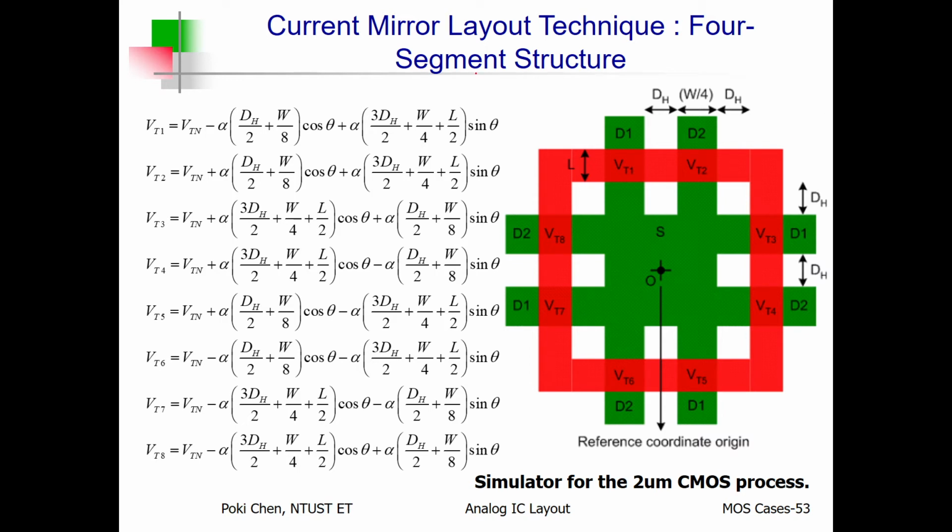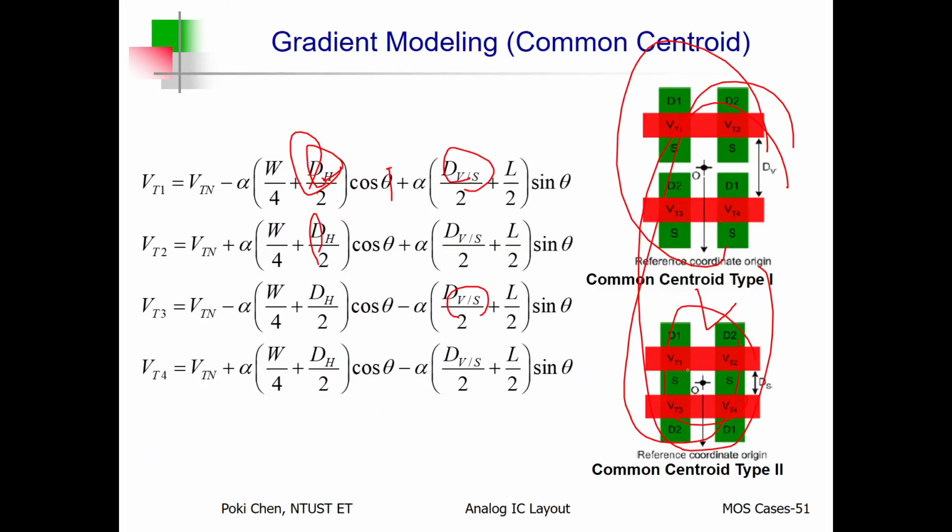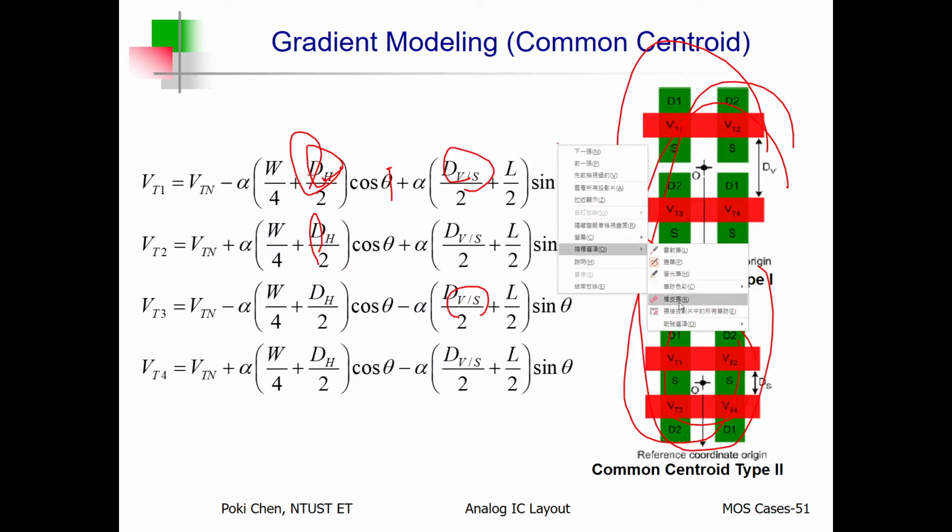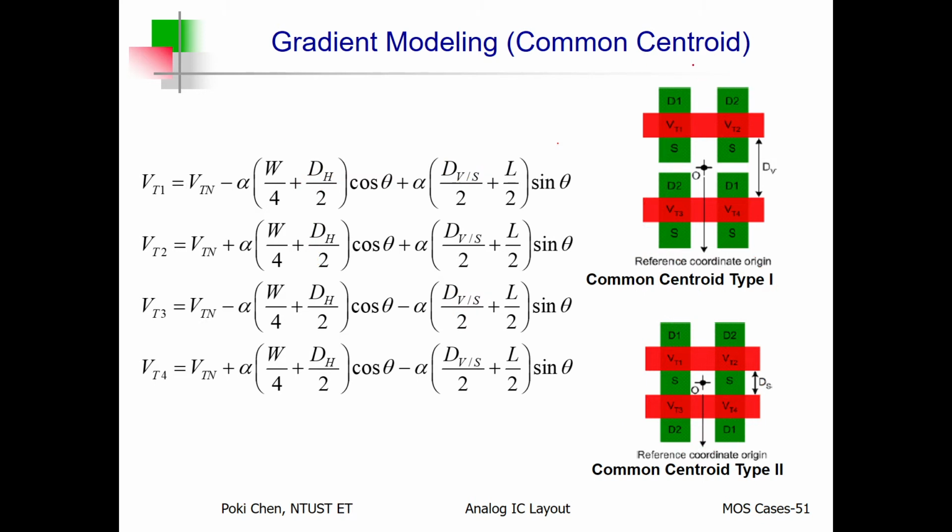Because according to such kind of square layout, you have 1, 2, 3, and 4. You have 4 symmetrical axes. If you go back to the original one, never mind type 1 or type 2, you have only 1 and 2. That's it.